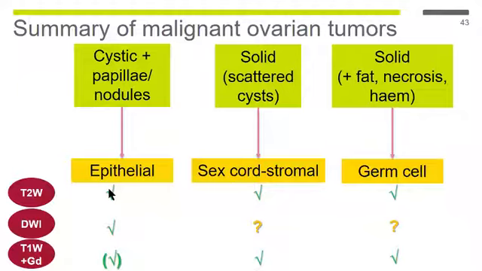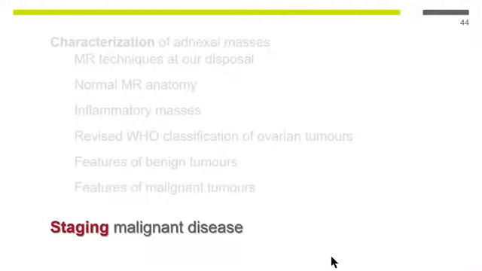So summarizing the malignant ovarian tumors, again, T2-weighted imaging is mandatory. The epithelial ones are cystic with no solid components. The other two, the sex cord-stromal and the germ cell, are often completely solid. And gadolinium enhancement, again, is mandatory because it shows the enhancement and the malignant extent of the tumor.